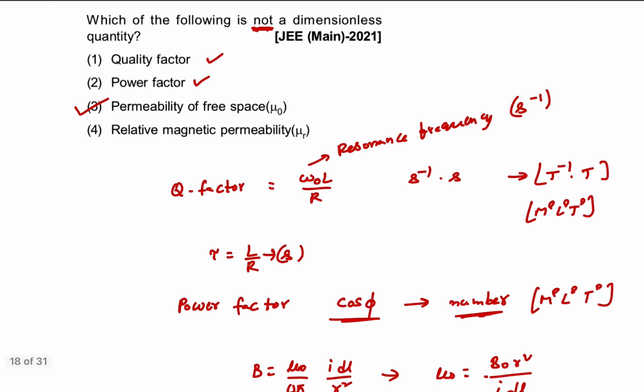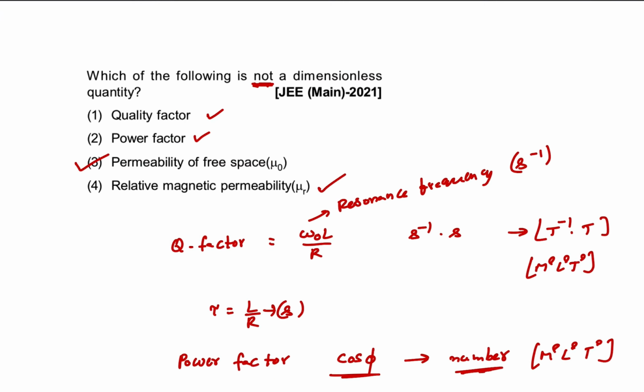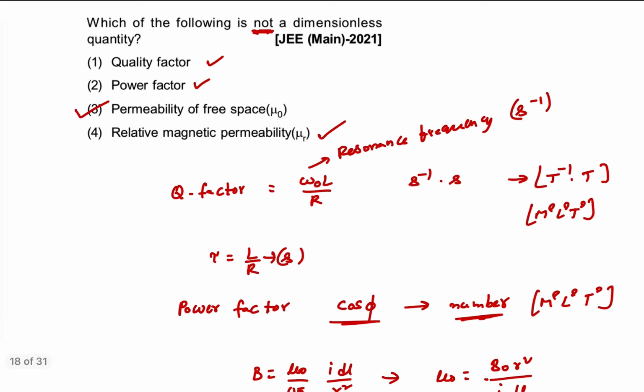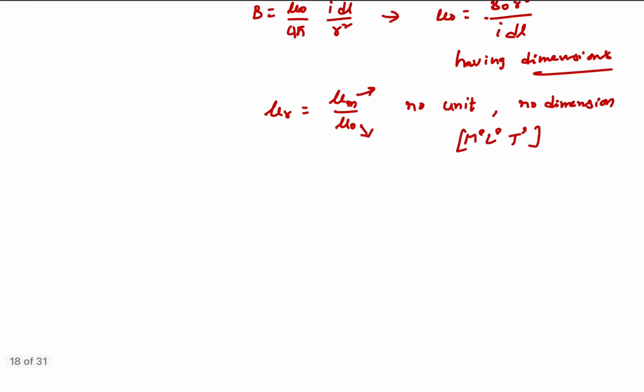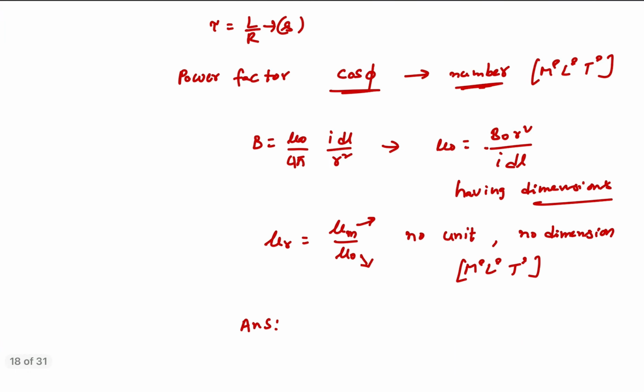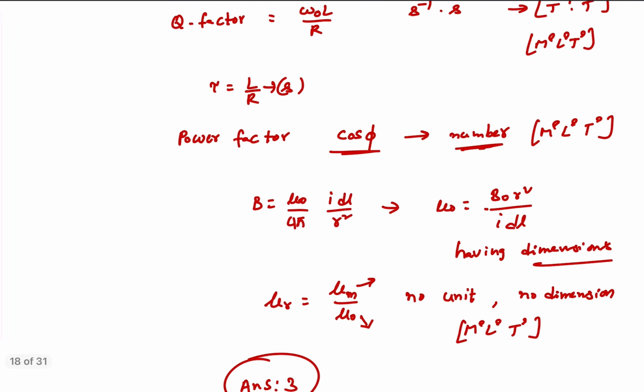The dimension formula is M0 L0 T0, so it is also a dimensionless quantity. Earlier I gave only a few dimensionless quantities, because I have kept the remaining as questions that JEE has asked. So according to this question, which is not a dimensionless quantity? Permeability. So the answer is 3.